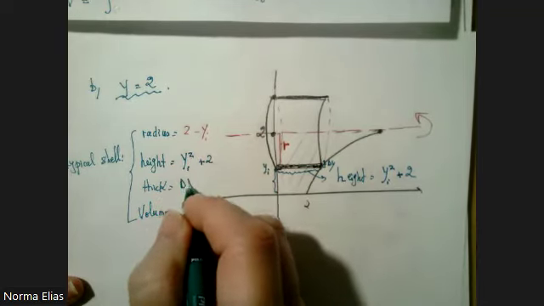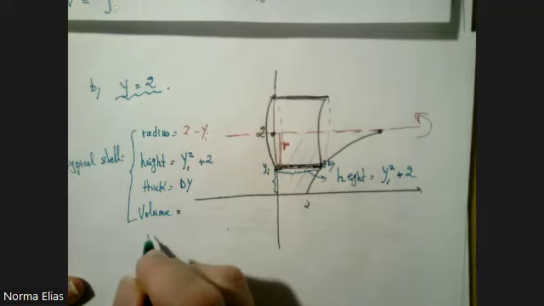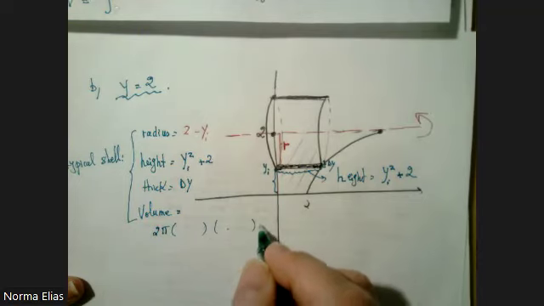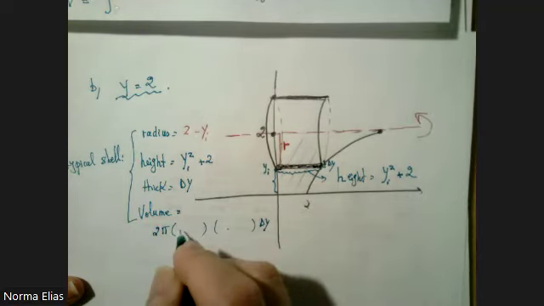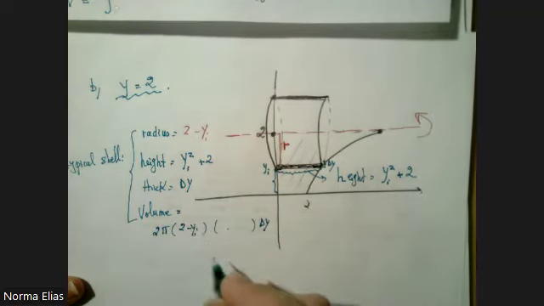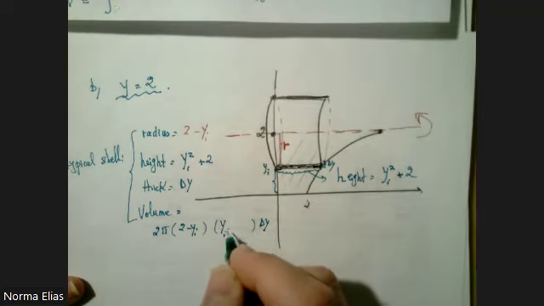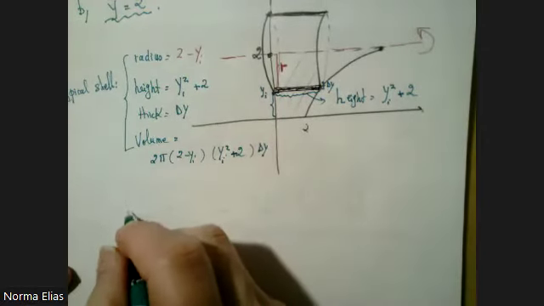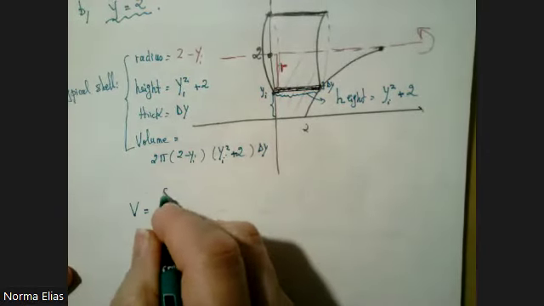The thickness is the delta y. And the volume is 2 pi, radius, height, thickness. 2 minus yi, times yi squared plus 2. So finally, the volume is the integral.